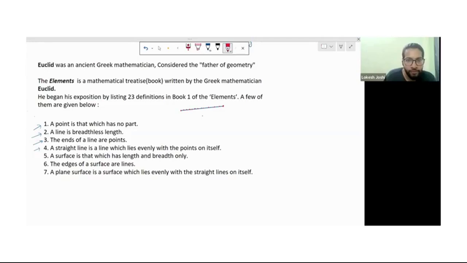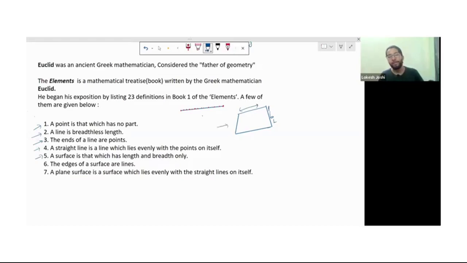Now the fifth one, a surface is that which has length and breadth only. For example, we can draw something like that. We say this is a surface when it has only length like this, or breadth like this.